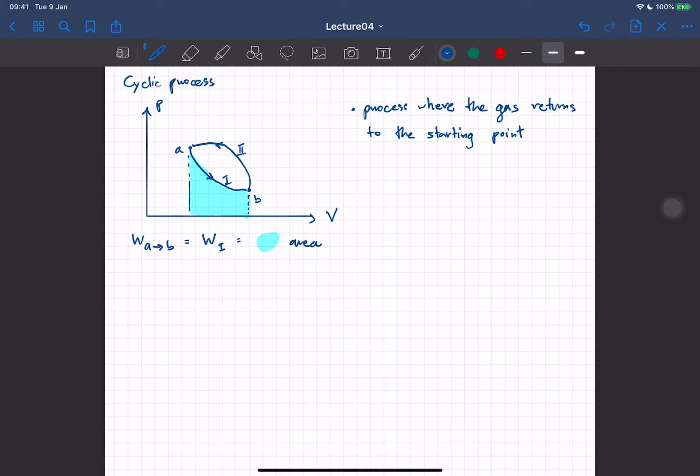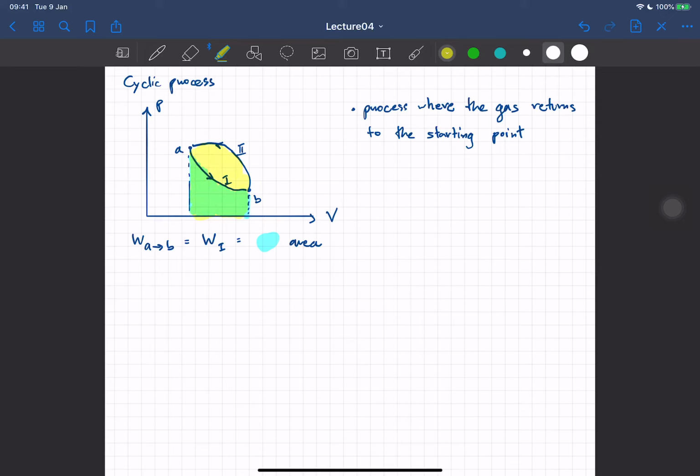And then to go back from B to A, let's say we follow a different path, the upper one, path number 2. Then you also are going to calculate the work done, but now the area under the curve is different. It's the green one here, right? So it's the green one, which due to the coloring, it might not be clear what happened if I use yellow here.